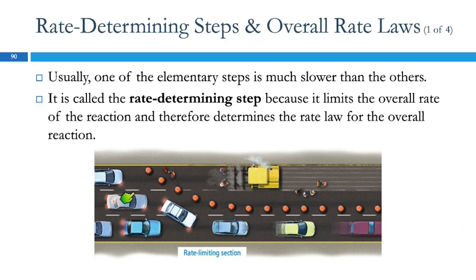But here, where they have to all merge together, everything slows down, right? And so you can't get through this stretch of highway any faster than these cars are going. Does that make sense? So the rate limiting step is a little bit like a bottleneck in traffic.